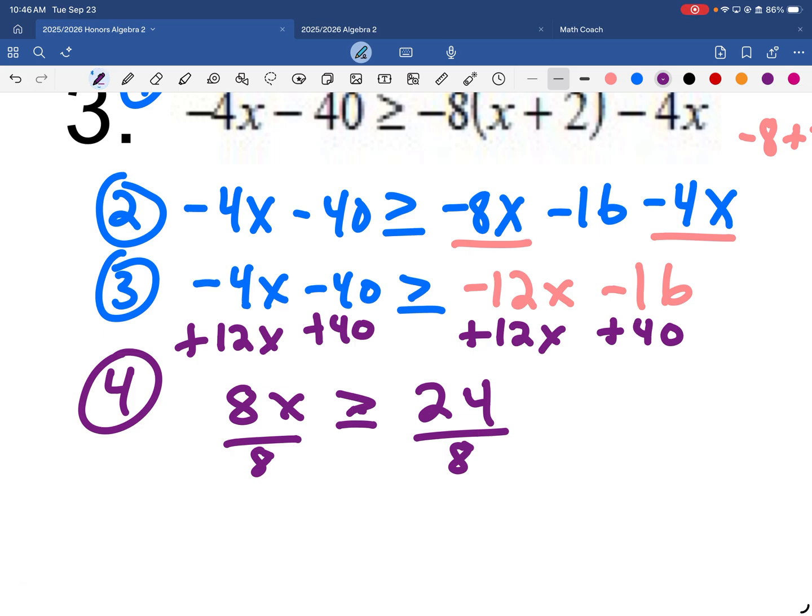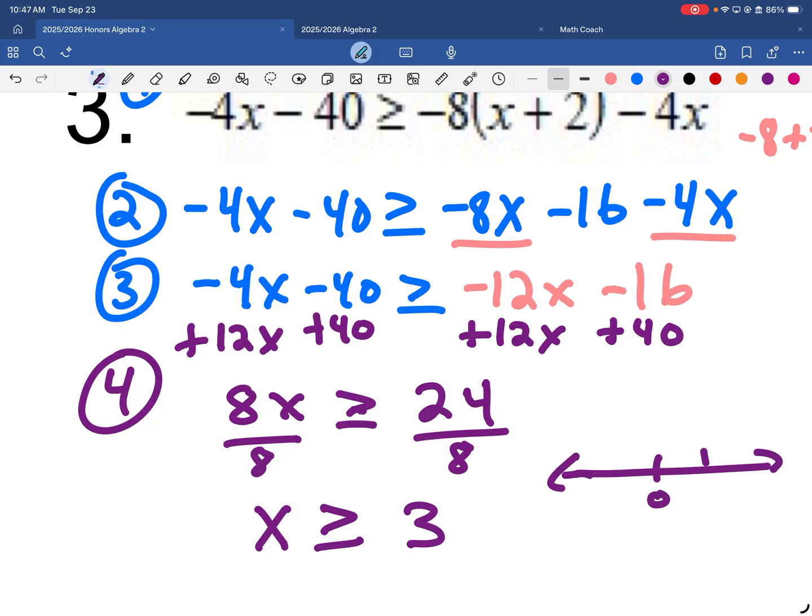Everybody okay? Did I mess up? Am I okay? If I messed up, you got to tell me. I mean, it happens. It's not purposeful. Divide by 8, so I divided by a positive number, so I don't have to flip anything. That's what it looks like there.